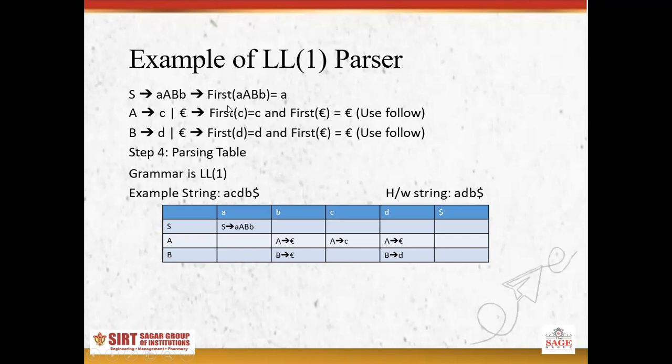So when we insert into the table, first we have to check what the first of S is. First of S is small a. So we can enter S produces aAB, the whole production, in the column of a, because first of S is a.